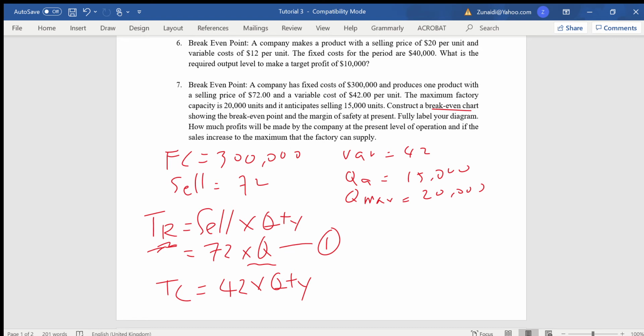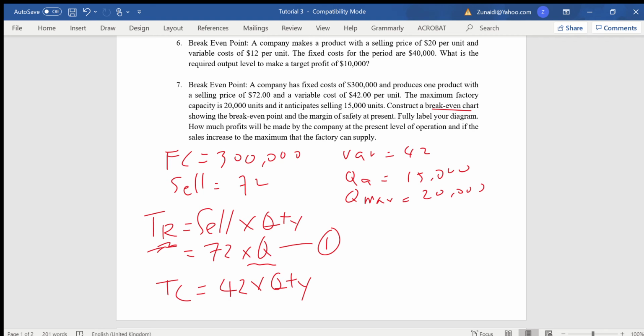Variable cost refers to things like utilities and manpower. If we produce more volume or quantity, we have more variable cost because we use a lot of electricity or water or manpower during high volume production. So we need to pay more variable cost if the quantity is higher.